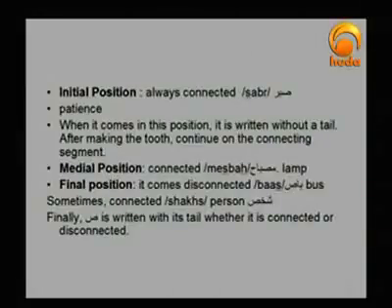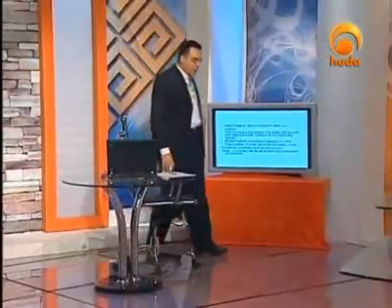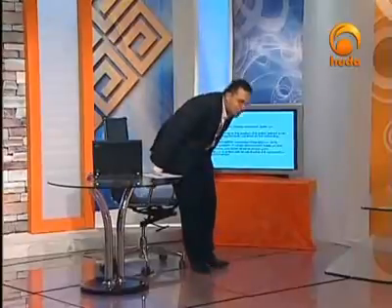Right. I can figure out now that there are similar features between sin, shin, sad, and probably you can find that in dal. The most common feature is that when they come in the initial position, they are always connected. And also, what's happening here is that we don't use or draw any tail when they come in the initial position.